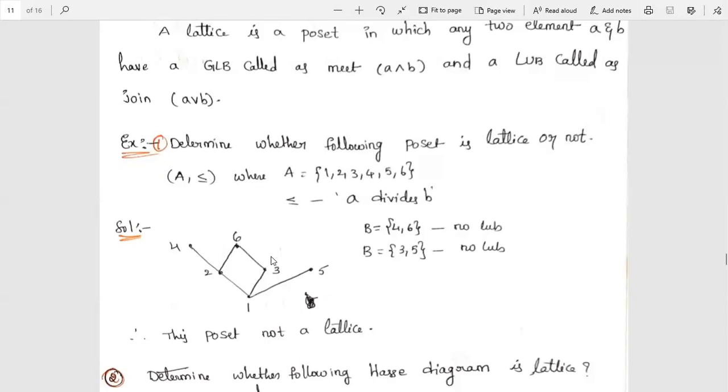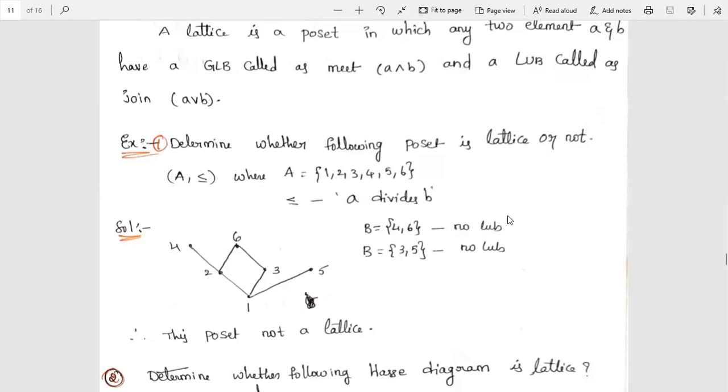So in this Hasse diagram, I am considering the pair 4, 6. The pair 4, 6 has upper bounds: 4 itself is an upper bound, 6 itself is an upper bound, but there is no common upper bound. So no least upper bound.